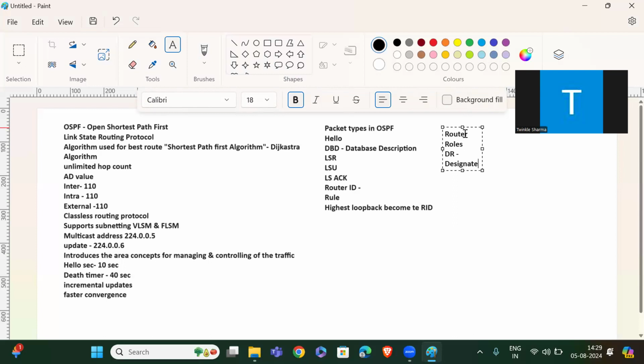I am just giving you the introduction of each topic of OSPF. Second is BDR, that is backup designated router. Then we have DROTHER, other designated router.